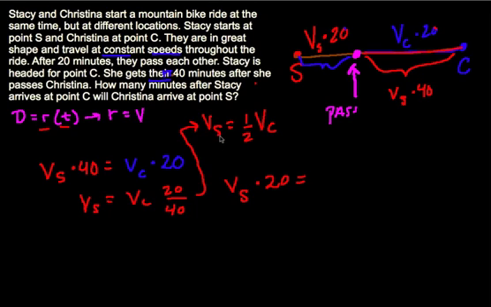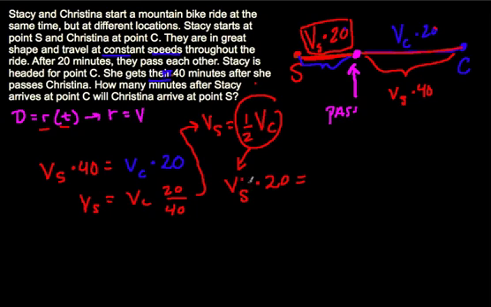We know the velocity of Stacy equals 1/2 the velocity of Christina. So we have this piece of information, and that tells us, well, here we have the velocity of Stacy times 20 minutes. That covered this distance right here, and that's what we're looking at. And we're going to plug in our value for Christina into the velocity for Stacy.